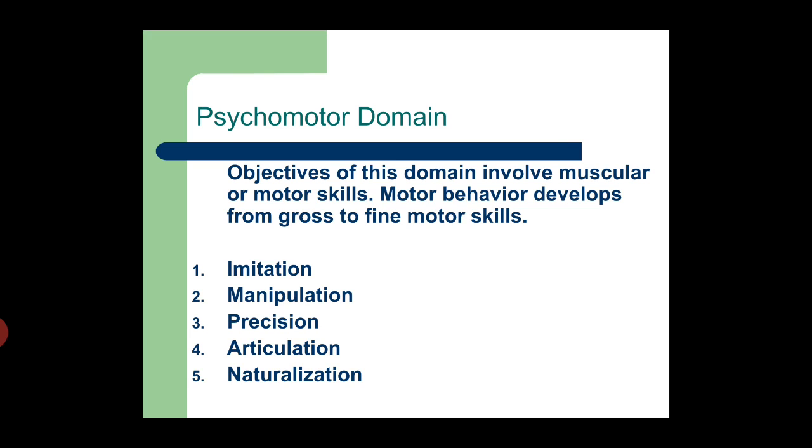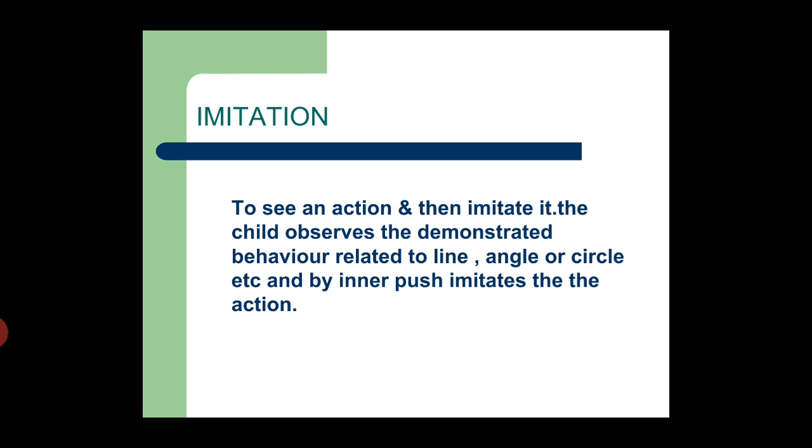So according to this domain, motor behavior develops from gross to fine motor skills. How do these motor skills develop? There is a hierarchy, starting from imitation, then moving towards manipulation, precision, articulation, and naturalization. Now, what is imitation?